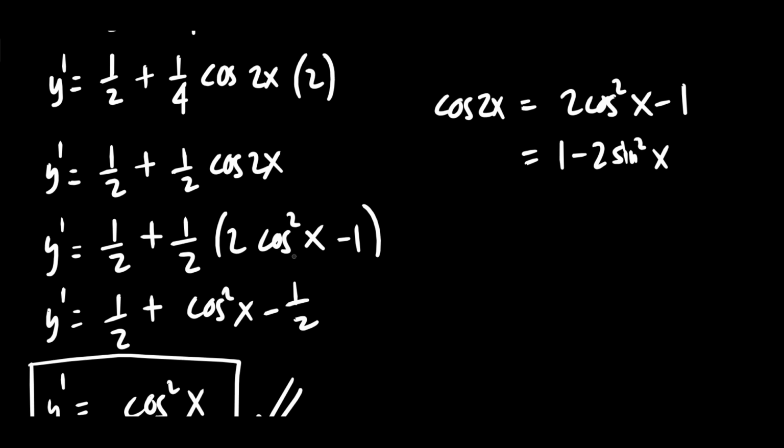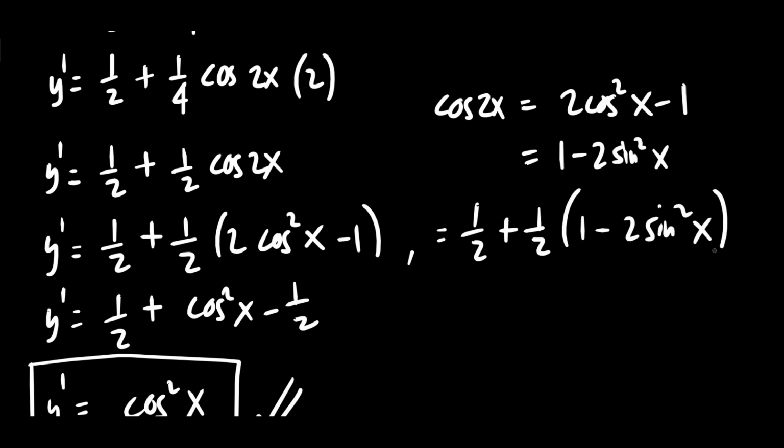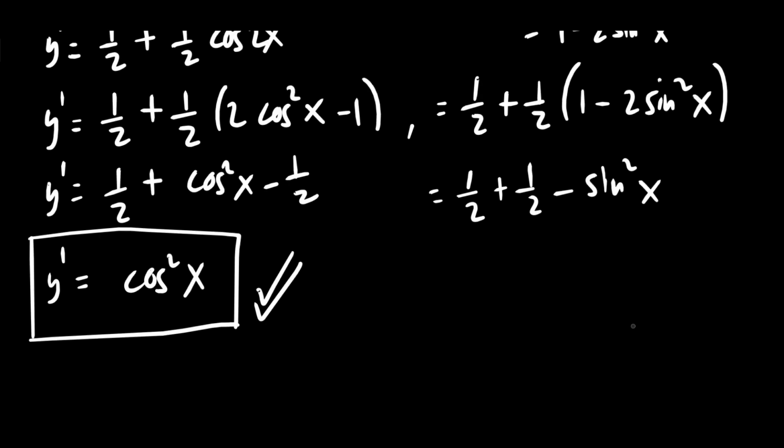So what if we substitute the other identity? If we substitute, we have 1 half plus 1 half times 1 minus 2 sine squared x. So we have 1 half plus 1 half minus sine squared x. So 1 half plus 1 half is just equal to 1 minus sine squared x.